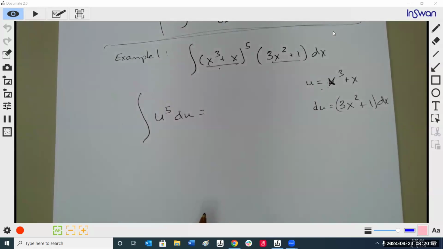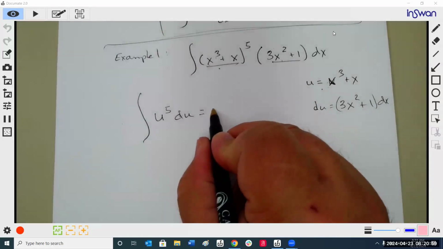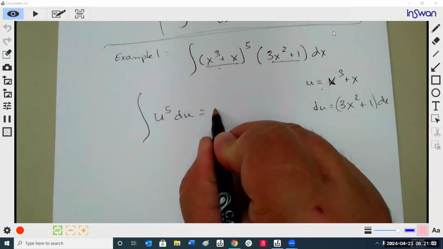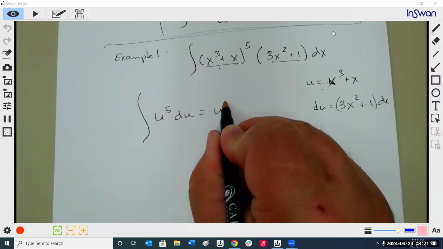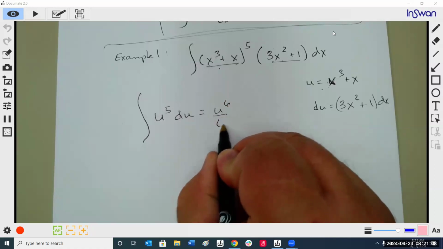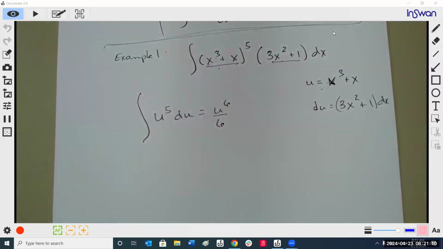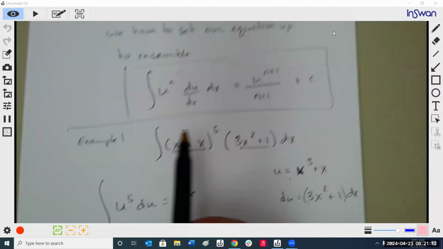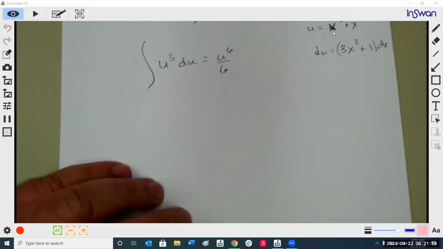So the integral is going to be what? Integral goes backwards. Remember, integral goes backwards, so we add one.